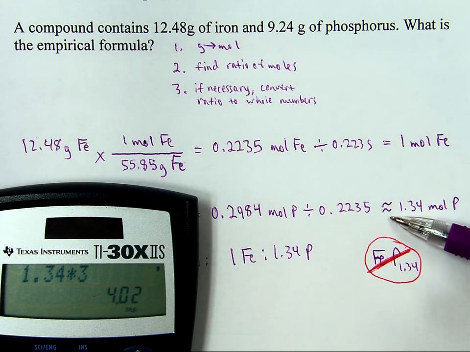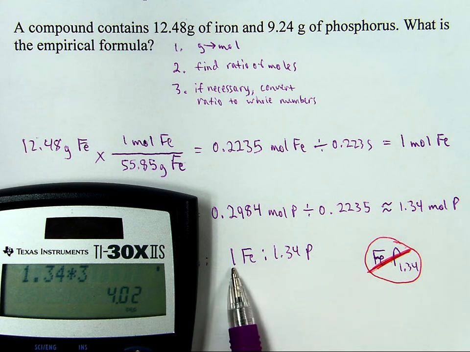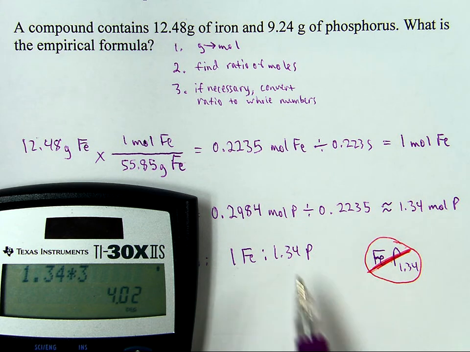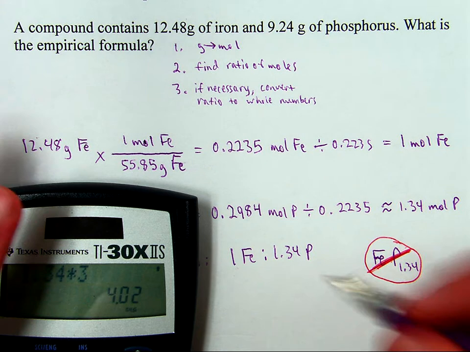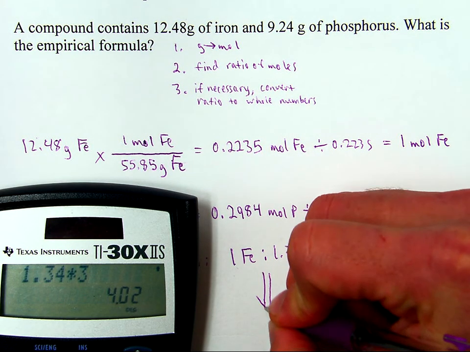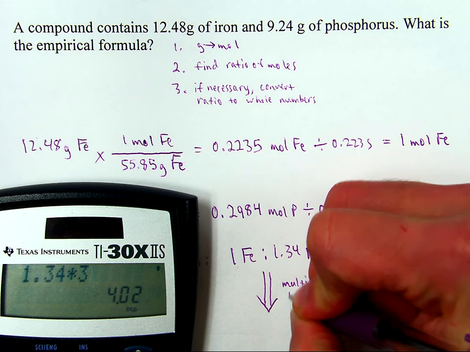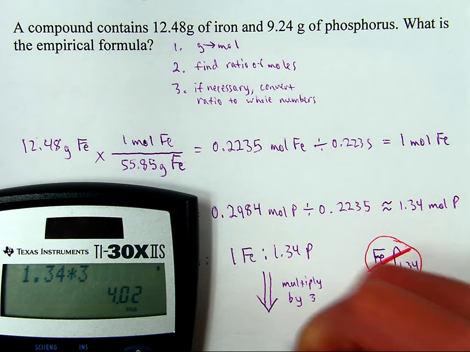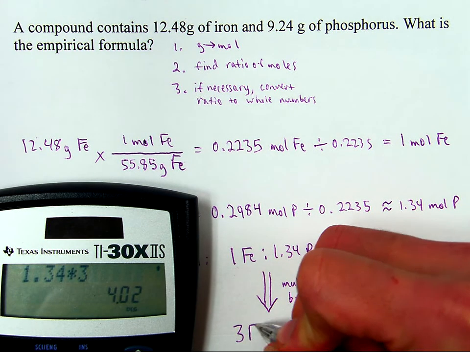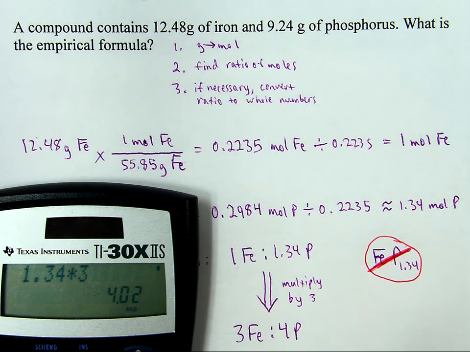Notice this little approximately equals sign. So if I multiply by 3, then I would have 3 irons and 4 phosphoruses. That works. So an arrow showing conversion: multiply by 3, since 2 didn't work. And I have a ratio of 3 irons to 4 phosphoruses.